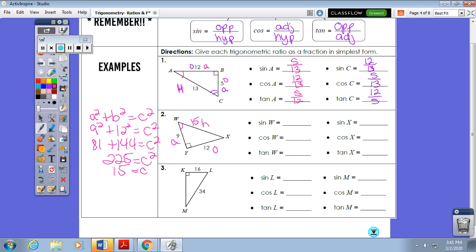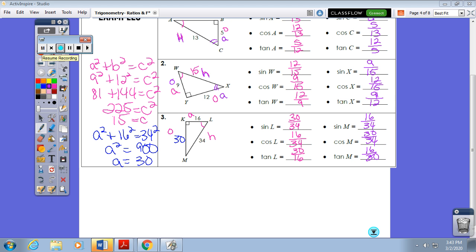Okay, go ahead and set up your proportions here. So opposite over hypotenuse. Go ahead and pause and try that. Okay, so there it is. You can pause and check this. The other thing is that they do simplify, so you really should simplify them.